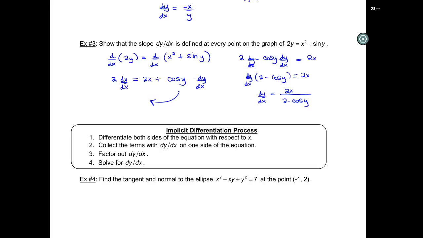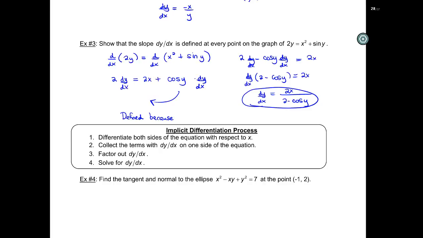Now, that's pretty much all I would ask you on a quiz or a test in terms of something like this. I might actually have you plug it in. This question just says, show that the slope is defined. In other words, will the denominator ever be undefined? So it's defined because, what's cosine? Cosine has to stay between what values? Think on a graph though.